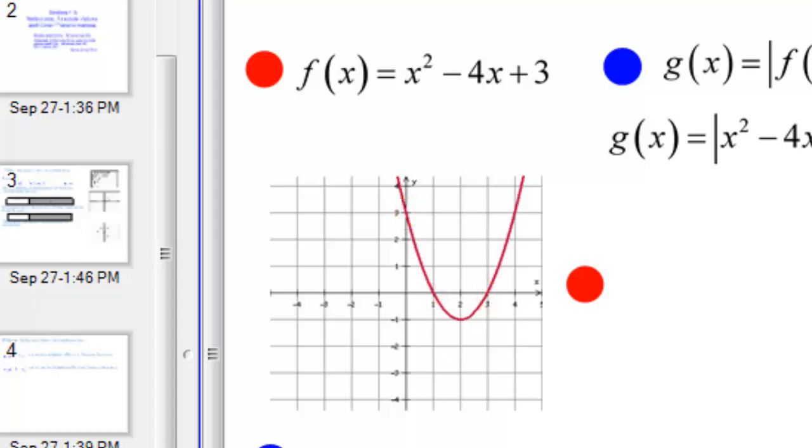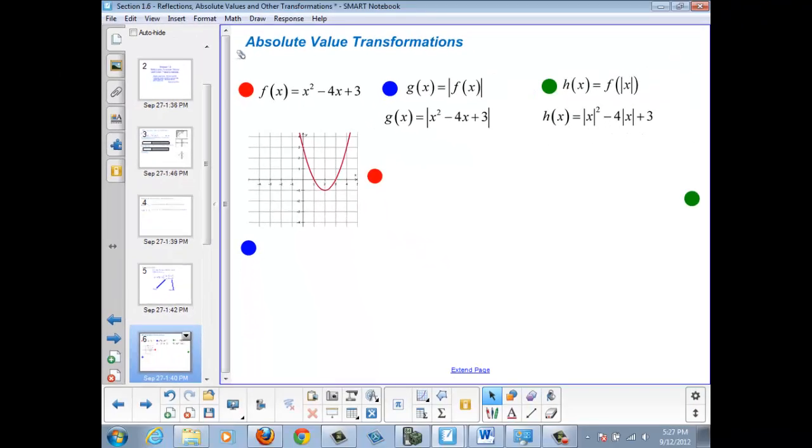So the first thing I'm going to do is apply the absolute value operation to the whole function. So g of x equals the absolute value of f of x. In explicit terms, this is what it would look like. Now, how would that affect my graph, you ask? Well, let's find out.